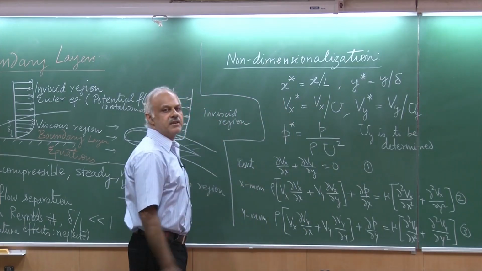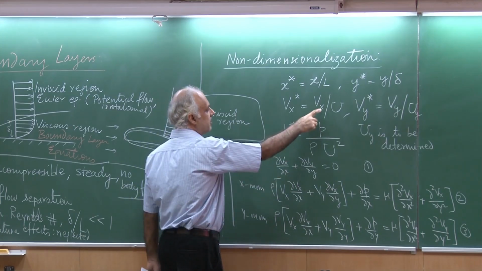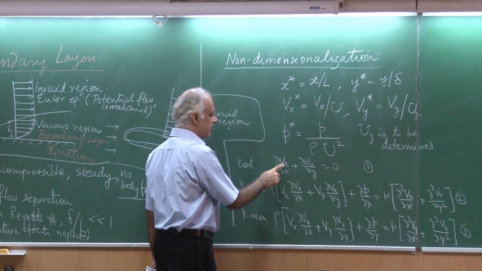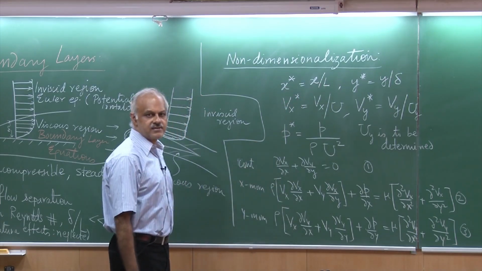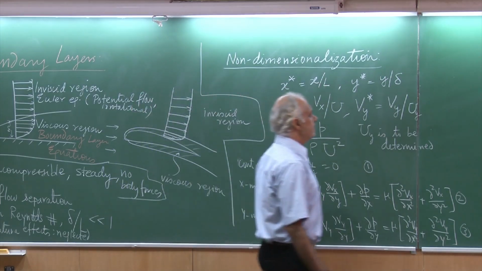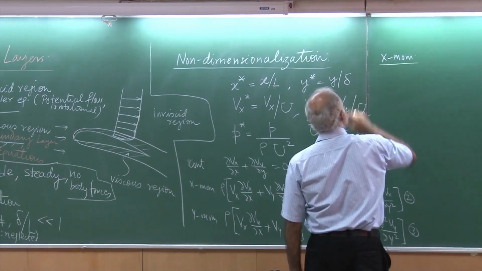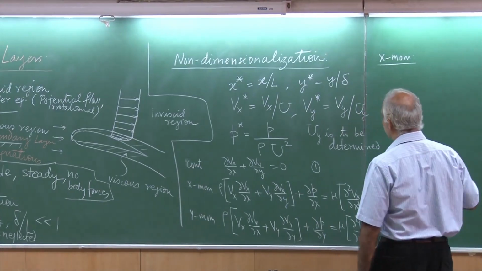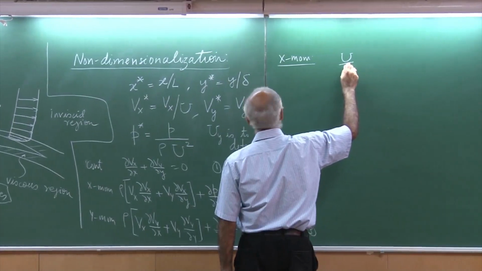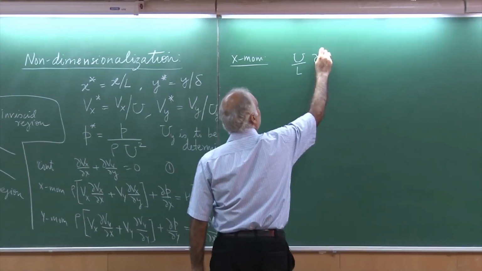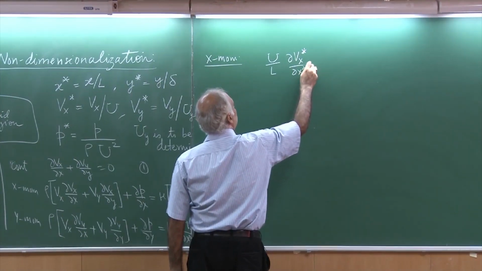Now I will try to non-dimensionalize them. So that's easy. For Vx, I am going to replace it with Vx star times u, and for x I am going to replace it with x star times L. Okay? So let's do the x momentum equation first. And you can see that would be essentially u divided by L del Vx star by del x star.